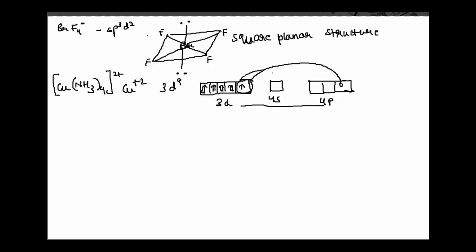That is the intermixing of 1d, 1s and 2p orbitals. This intermixing will take place and the hybridization will be dsp2 in nature. So due to that, it will be a square planar complex.